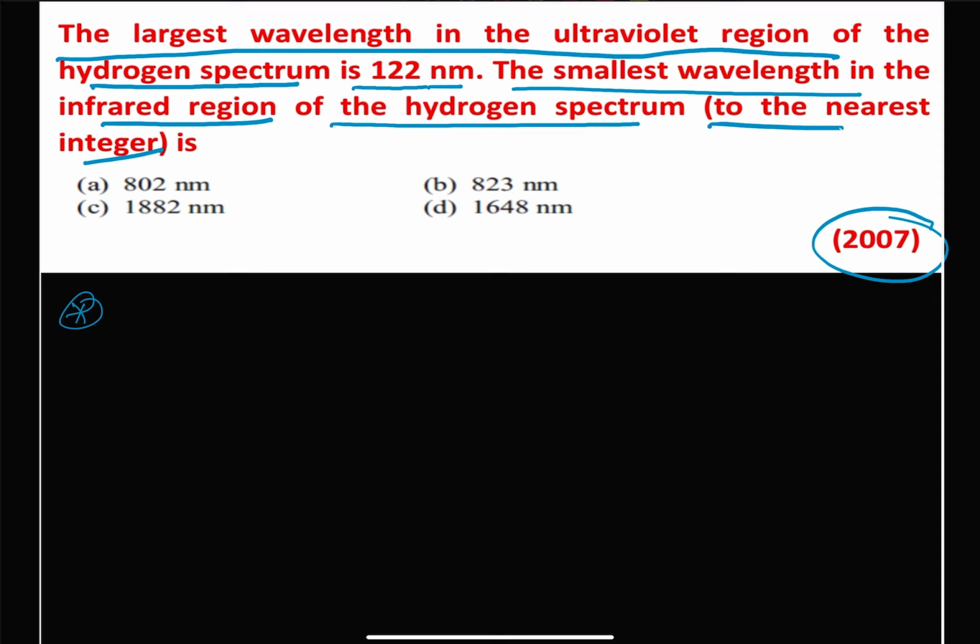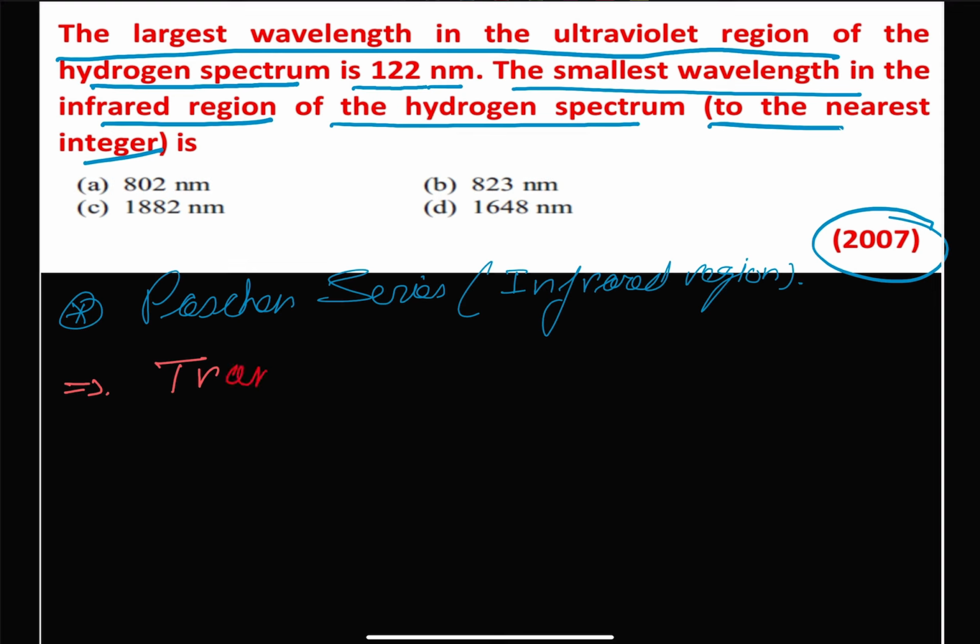So we have our Paschen series, which is basically our infrared region, and which means that there will be a transition ending at n1 is equal to 3.